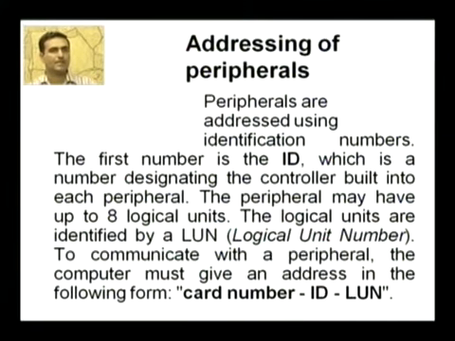Then is the identification number or ID, and then is the logical unit number, meaning how many logical units are there in the peripheral. So the complete address will be like this: card number, ID and LUN, or card number, identification number and logical unit number.